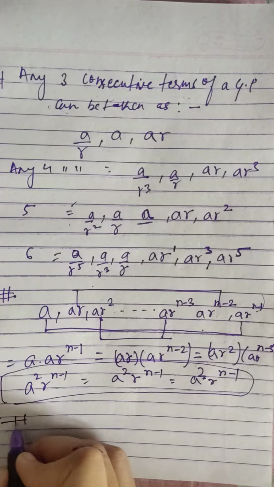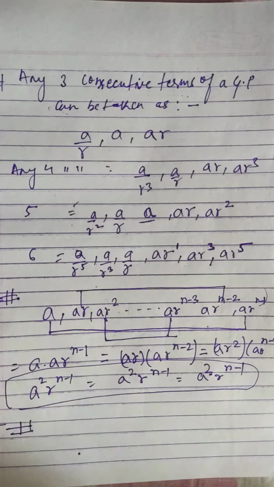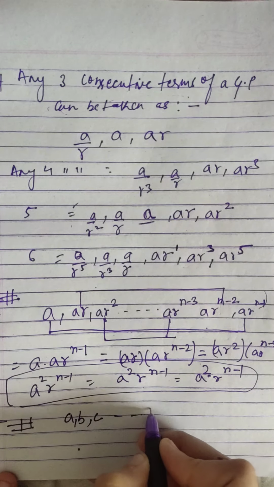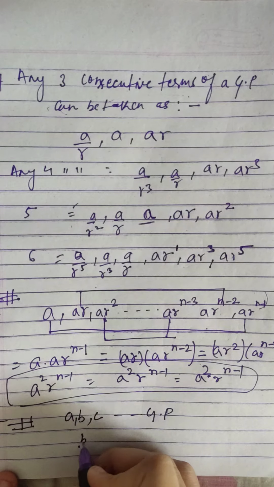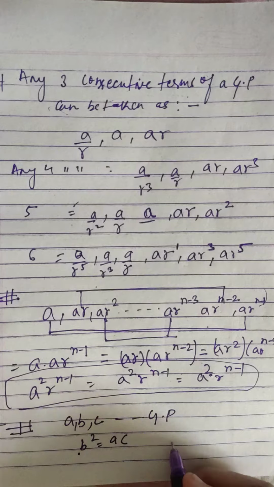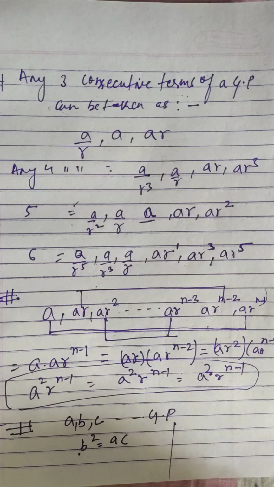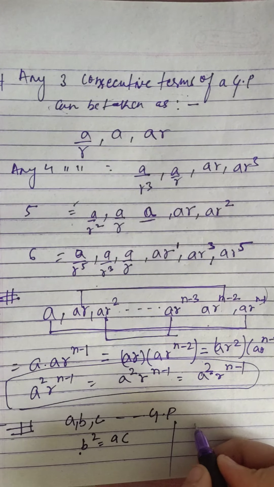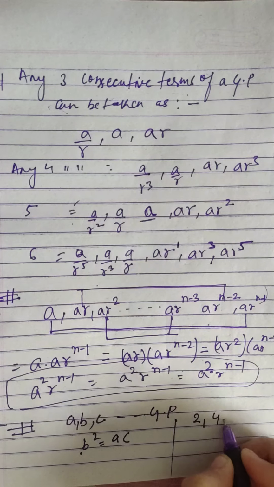One more very important property is, if a, b and c are in GP, then b square is going to be equal to ac. Okay, we are not going to prove it, we are just going to see whether this holds true or not. So let's take 2, then 4, and then 8.